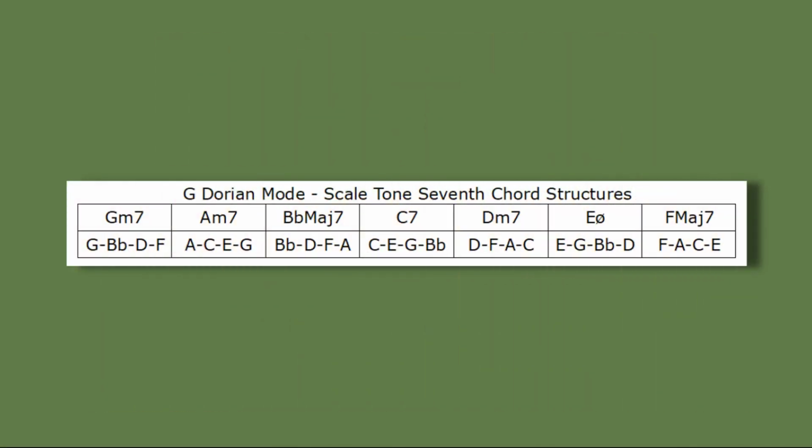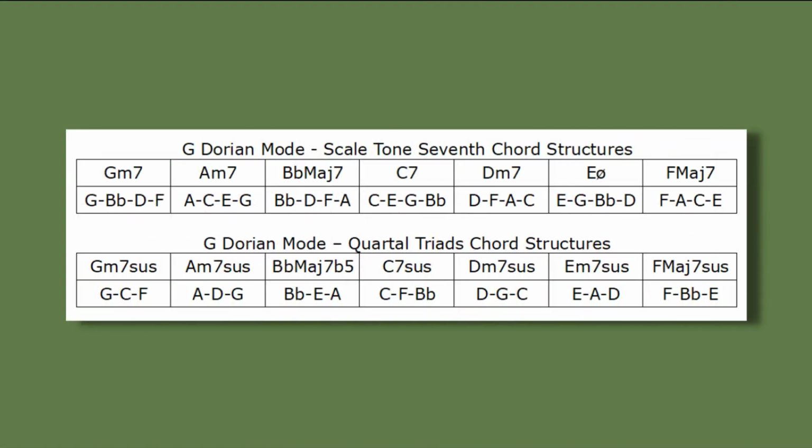On the screen you will see the standard scale tone 7th chord harmonisation in thirds for the chord structures in the key of F. Since we're working with the G Dorian mode, the chart begins with chord 2. Under that chart you will see another chart that displays the G Dorian quartal triads.